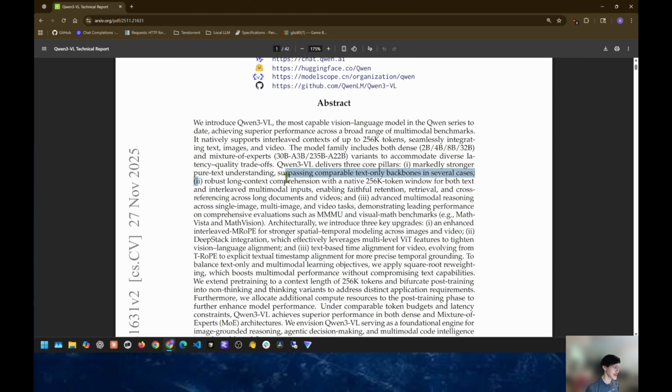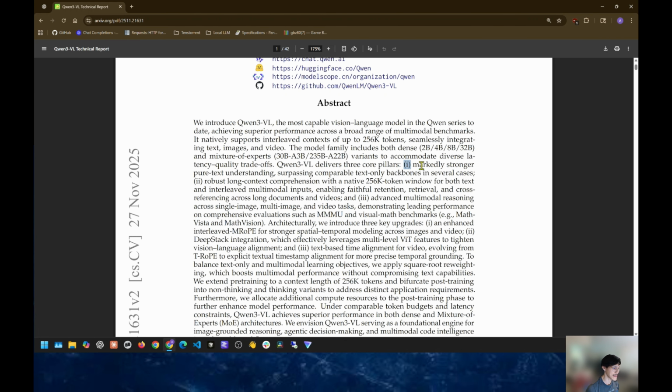Second, robust long context comprehension with a native 256K token window for both text and interleaved multimodal inputs, enabling faithful retention, retrieval, and cross-referencing across long documents and videos. And finally, advanced multimodal reasoning across single image, multi-image, and video tasks, demonstrating leading performance on comprehensive evaluations such as MMMU and visual math benchmarks, MathVista and MathVision.